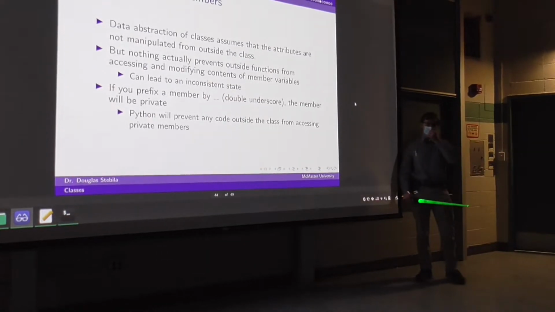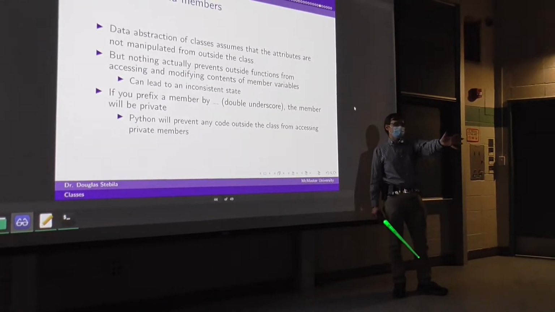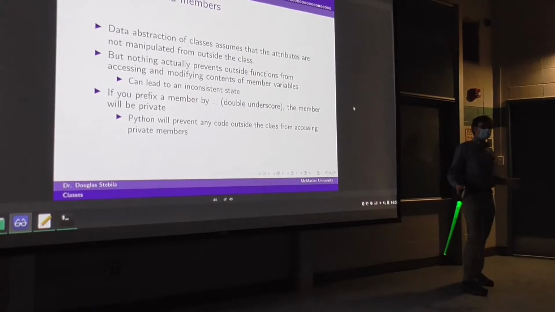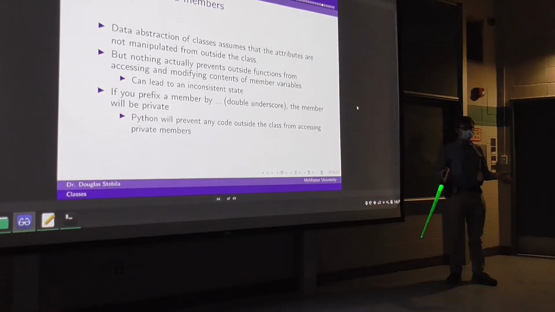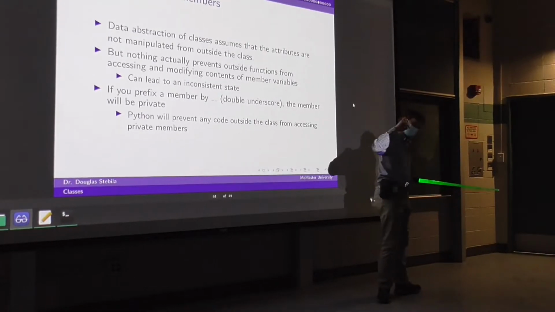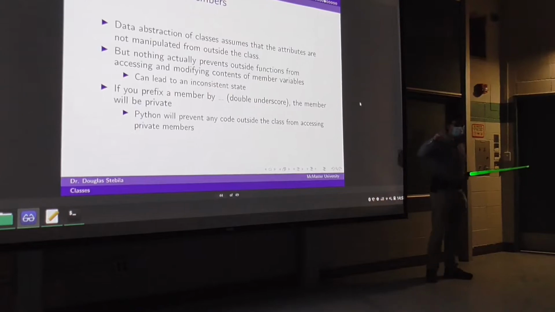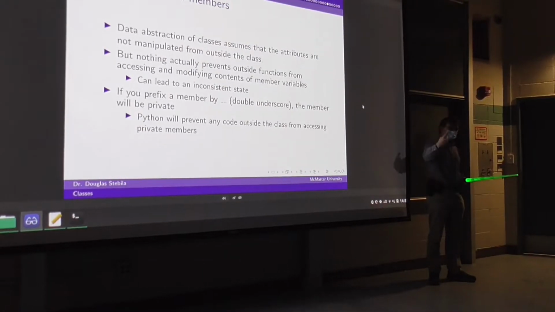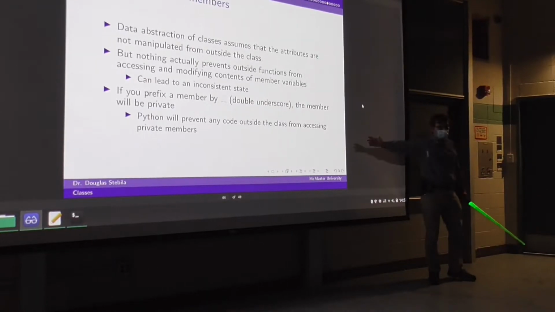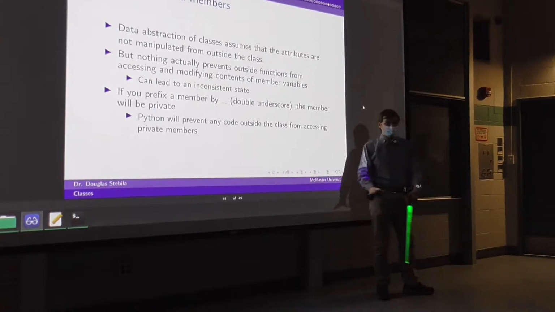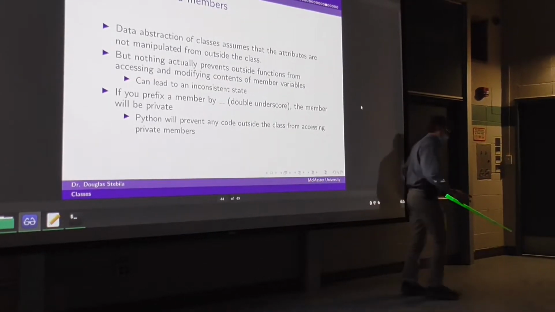Now, you may be thinking to yourself, this makes a certain degree of sense for data, but why methods? Why would you even need a private method? Well, the reason that you might make some methods private is because you need a function. We go back to the old functional abstraction, the reason we've been writing all these functions so far.